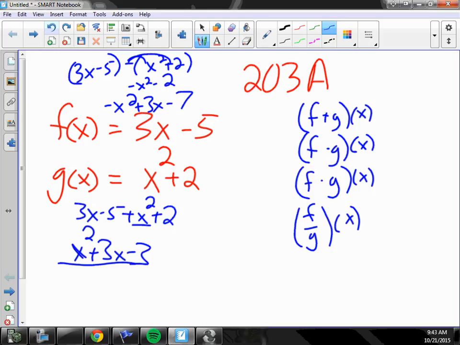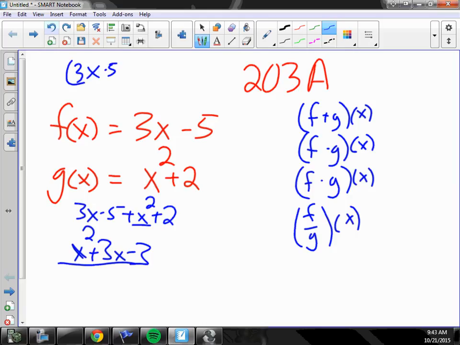All real numbers. If I take 2 functions and add them together, am I guaranteed to get a function? Yes. If you take 2 functions and you subtract them, are you guaranteed to get a function? Yes. So let's go to multiplication. So 3x minus 5 times x squared plus 2.